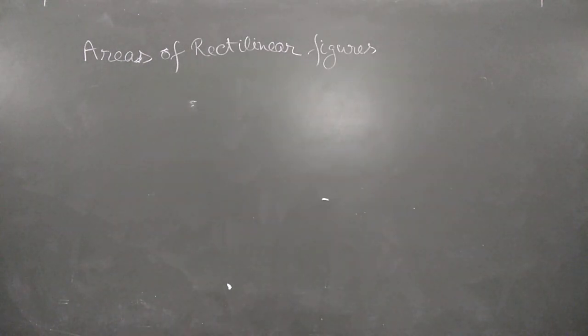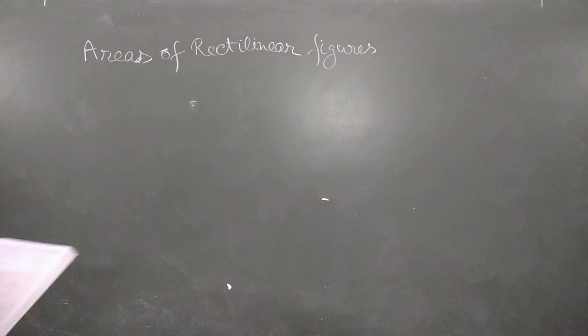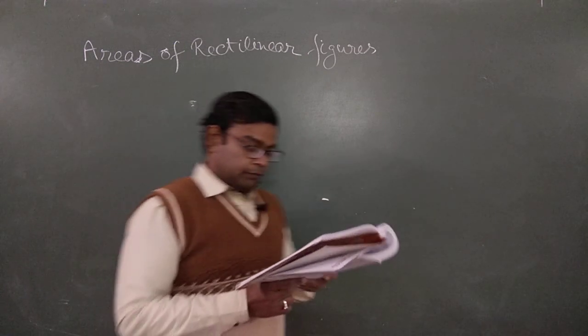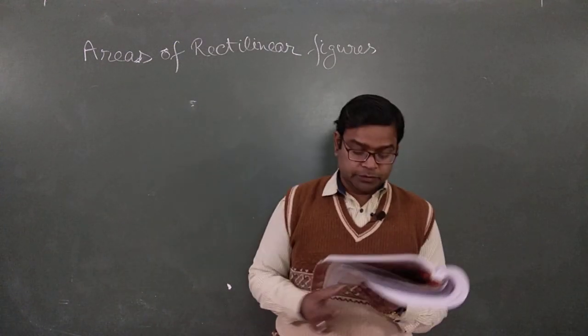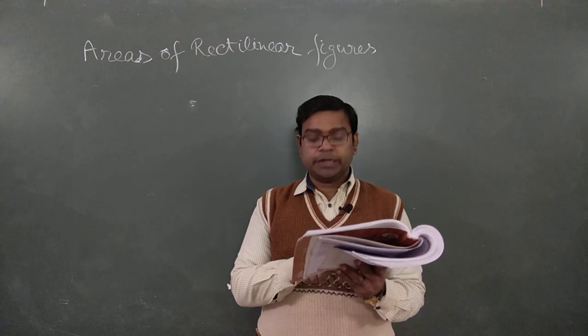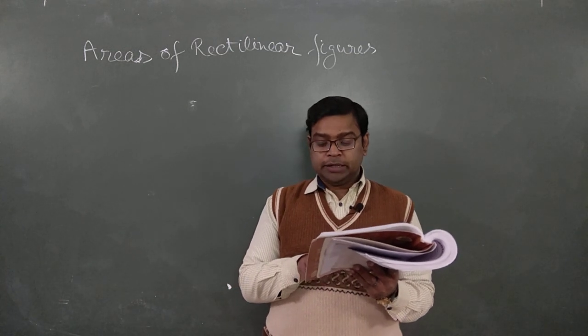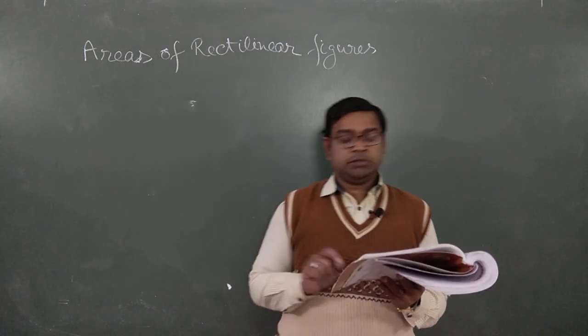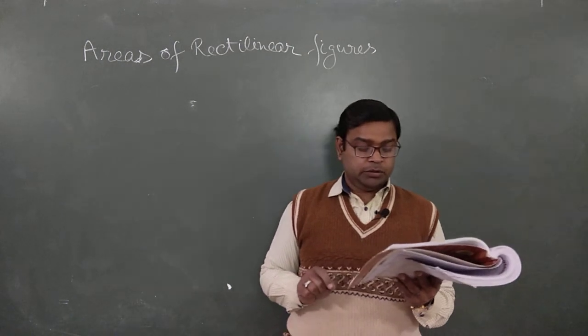Now I'm going to discuss one question, and these questions help you to solve some pictorial based questions. I'm reading the question first. A photograph 25 centimeter by 20 centimeter is mounted on a card so that there is a margin of 2.5 centimeter all the way round.